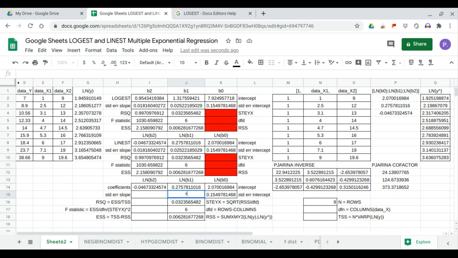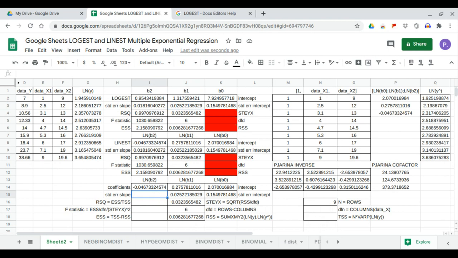Next, the standard error value of ln b1, which is STAY-X times the square root of pseudoinverse 2. 0.02522 matches our LINEST and LOGEST output.